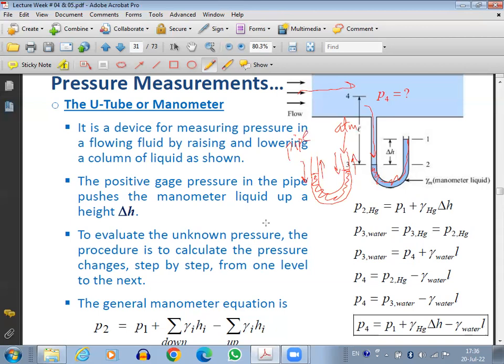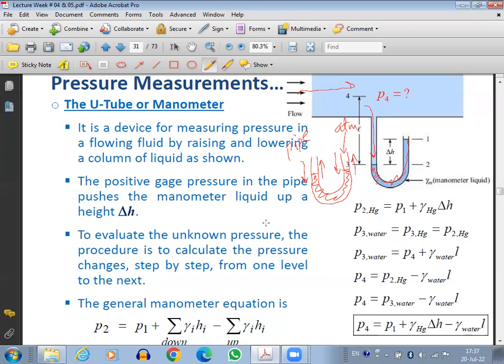Whichever side pressure is greater, that side's liquid level in the manometer will go down, and the other side level will go up. Is it clear? So now we can also judge whether the pressure is gauge or vacuum. Wherever the pressure is higher, it will push the liquid level down in the U-tube. The other side, automatically liquid level will go up.